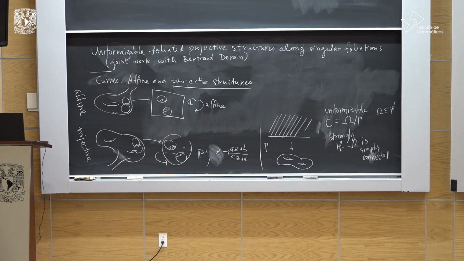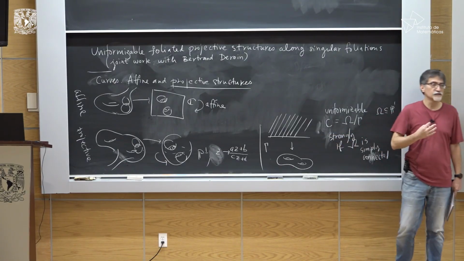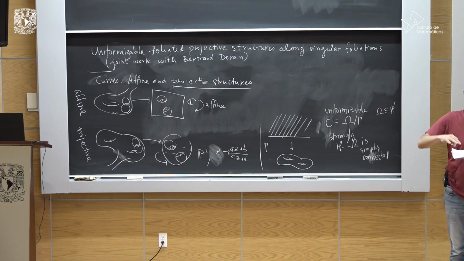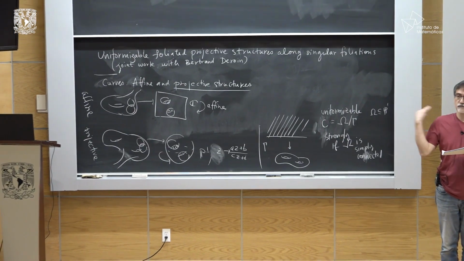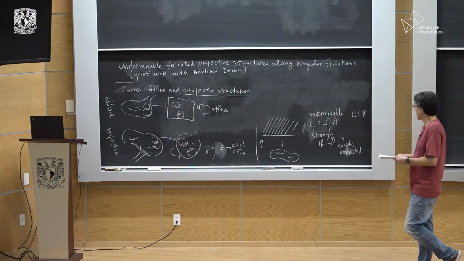For example, the upper half plane is strongly uniformizable, but there's also this Schottky uniformization, where you quotient the complement of a Cantor set in the projective line, and you obtain a compact curve together with a projective structure that would be uniformizable in this terminology, but not strongly uniformizable.